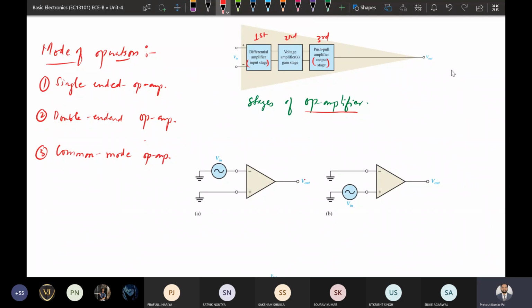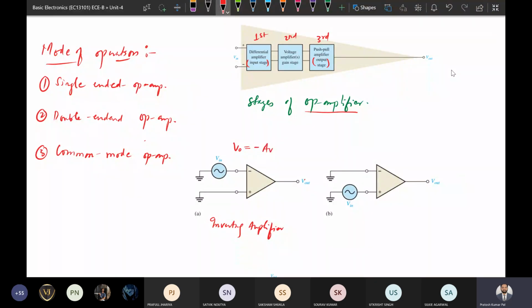In this single ended, if the input is connected to the inverting terminal side, this is called inverting. Overall this is called single ended, but if we connect the input to the inverting side, it is called an inverting amplifier. What is the meaning of inverting amplifier? It means the output will be the negative of the gain.